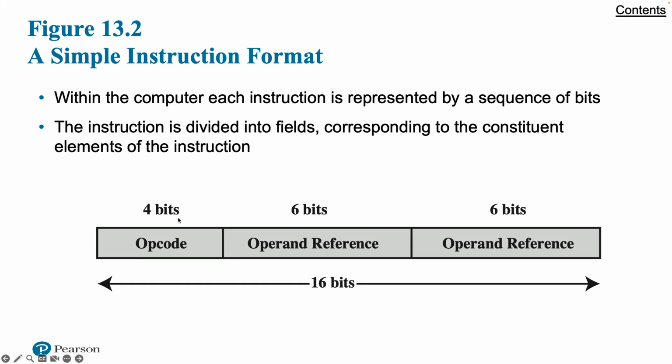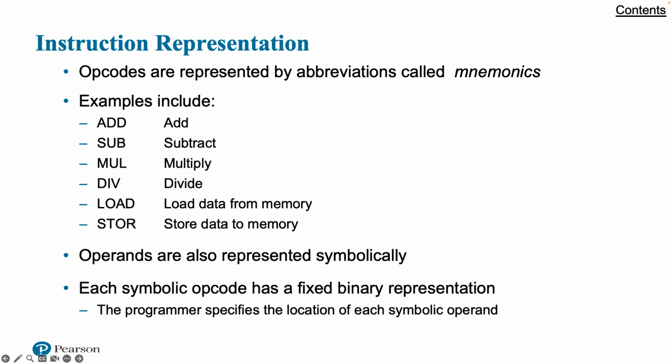And so for this sample instruction, we're saying that there's 4 bits that are used for the opcode. And then we have operands. And so we can have a way of pointing to that information, of 6 bits. And so 6 bits for 2 operands. And so we have a total of 16 bits is what's laid out.